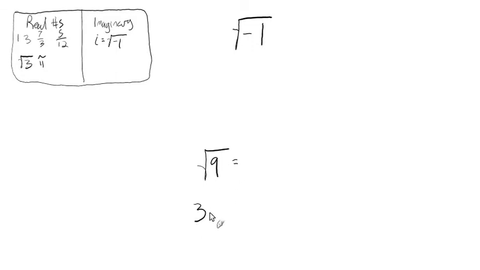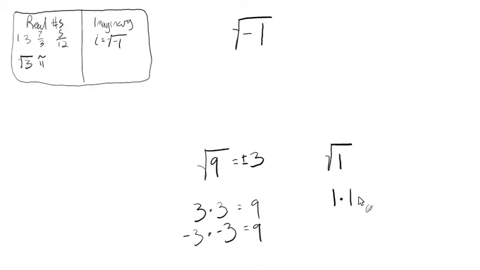And since 3 times itself is equal to 9, then 3 is that square root. And since -3 times -3 gives you a positive 9, then we include -3.